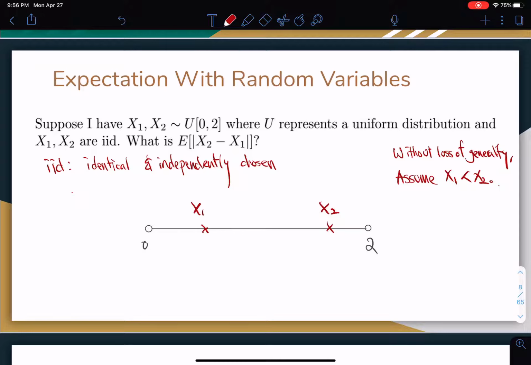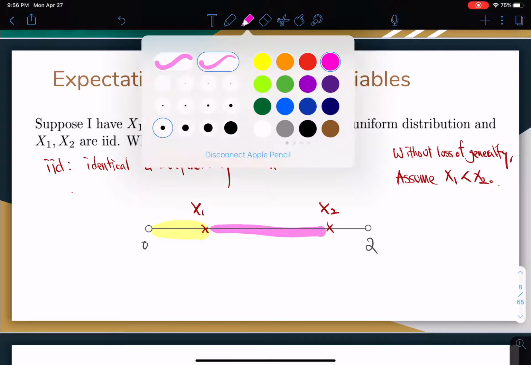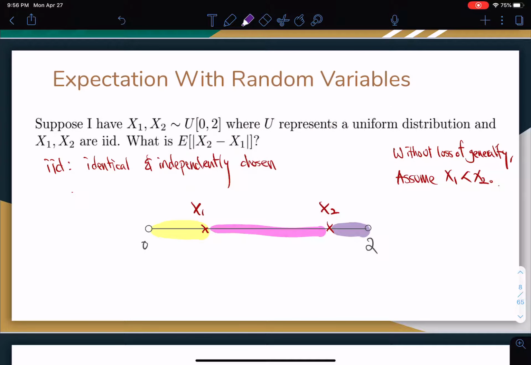Now, if x1 is less than x2, notice that we can actually break this apart into 3 sections. Number 1 here, number 2 over here, and number 3 right here. They consist of less than x1, between x1 and x2, and then greater than x2.